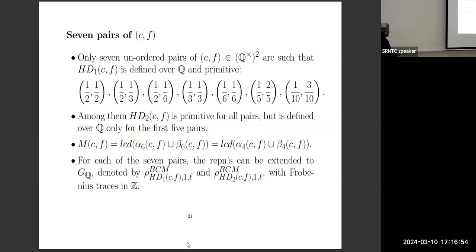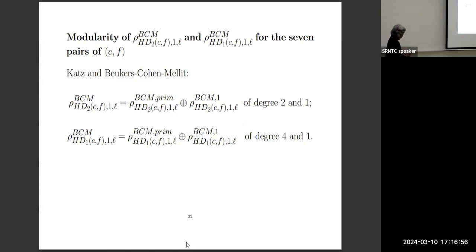So then we want to answer the question. Now we have representations of a Galois group over Q. We want to understand whether they are automorphic or not. For the second datum, it has length 4, lambda is equal to 1, so the representation is 3-dimensional. In this case, it decomposes as a 2-dimensional plus 1-dimensional representation.